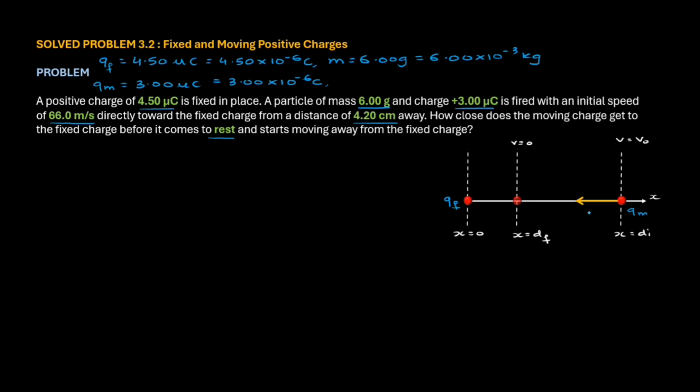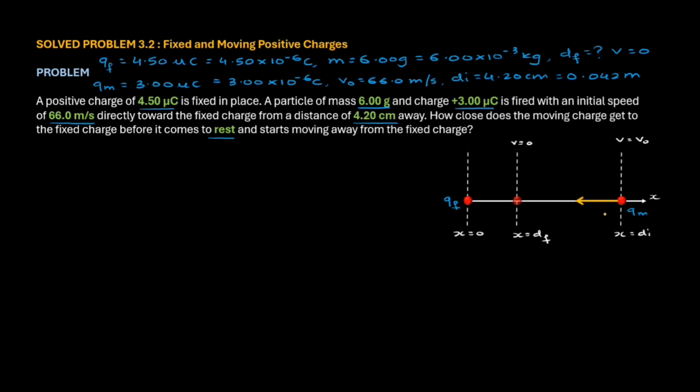And it is fired with an initial speed v0 of 66 meter per second. Initially it is at a position, let me call it d initial, of 4.20 centimeter, which will be 0.042 meter. We need to find at what position it will come to rest if it is fired directly at the fixed charge. So we need to find its final position d final when the speed becomes 0.